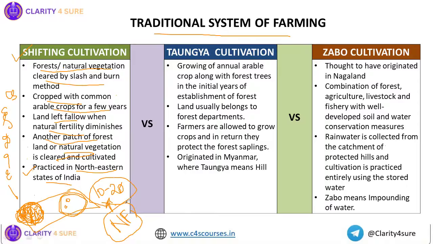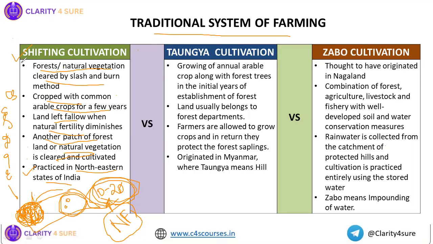For that reason, this 10 to 20 year fallow period is maintained. They may again come back to the previously fallowed lands once the natural fertility is restored, that is, after 10 to 20 years they may come back to the first patch of land. But this is a very destructive kind of cultivation.